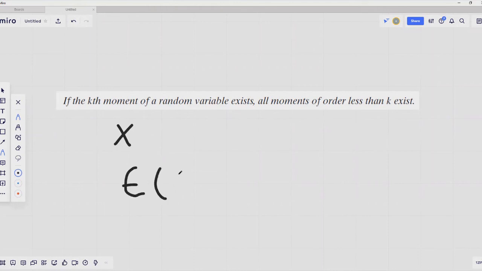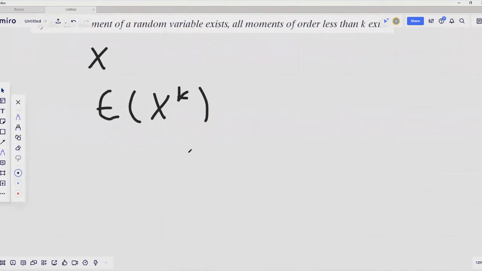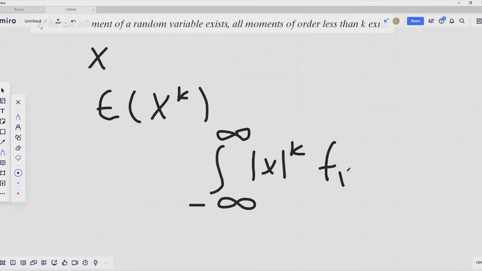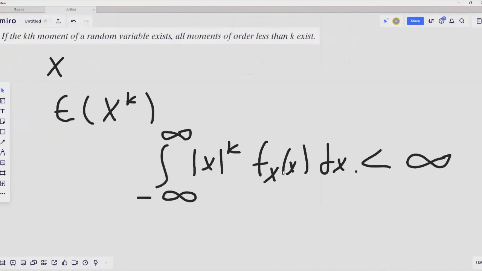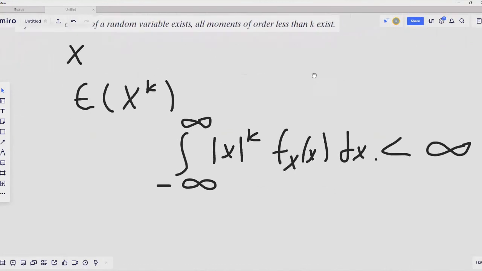If the expected value of x to the power of k exists, or the following integral in the continuous case exists, so this integral should be convergent, less than infinity, then it suggests that all moments of order less than k also exist.